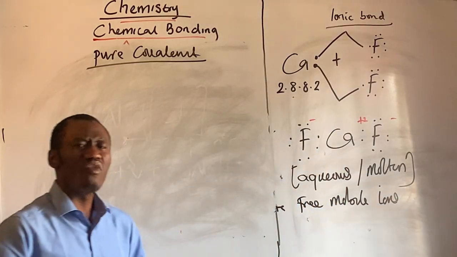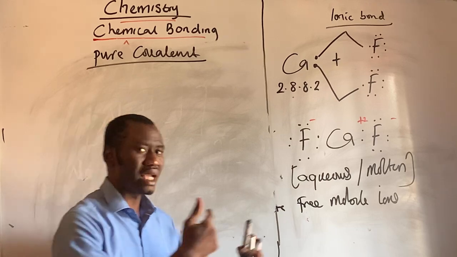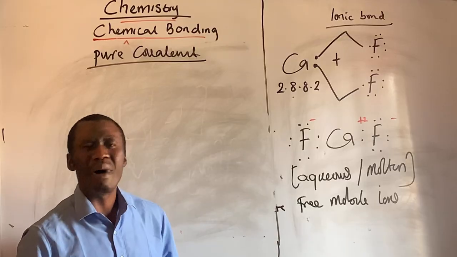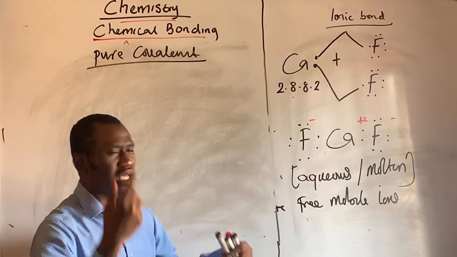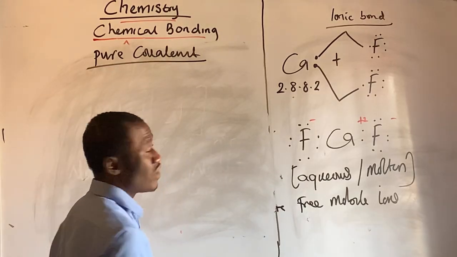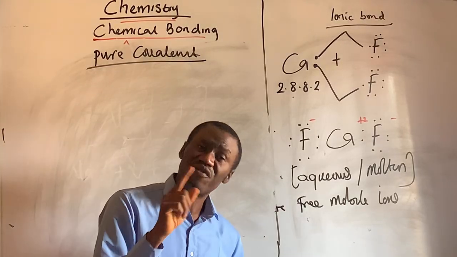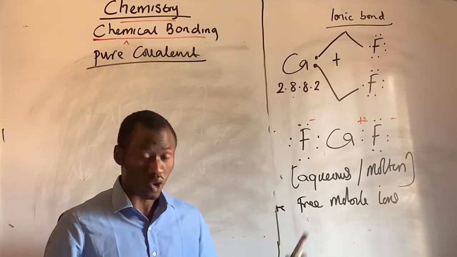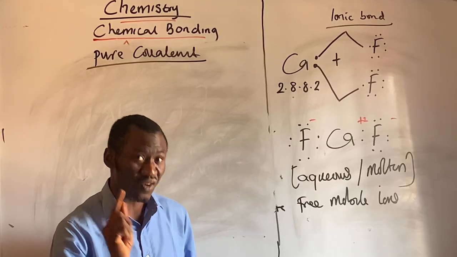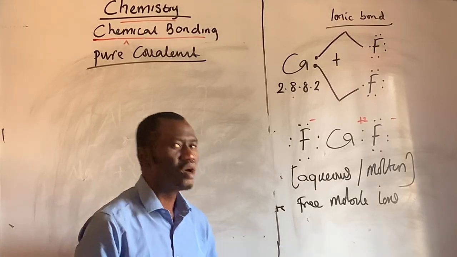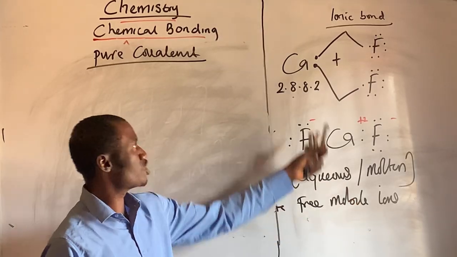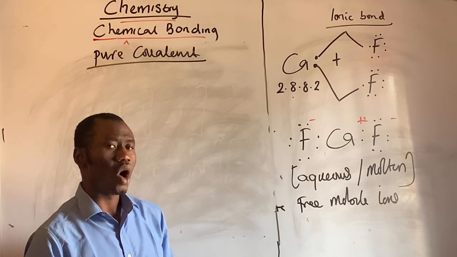Now, what's the work of the free mobile ions? They are able to conduct electricity with the aid of free mobile ions. This is in contrast to conductors in physics, for instance, where current is carried through free mobile electrons, while in chemistry, it is free mobile ions, which is an electrolyte, which is also an ionic compound.